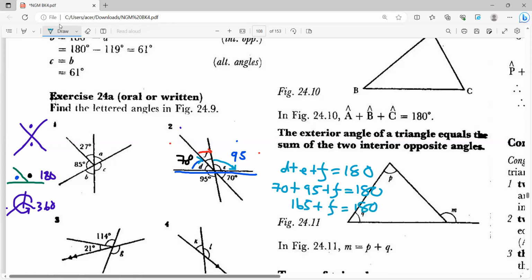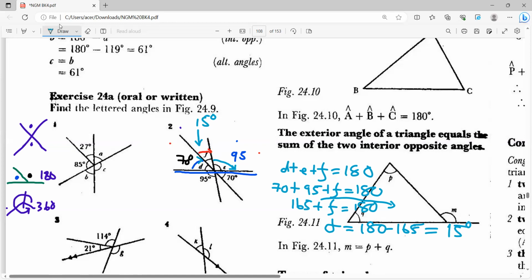So what is the value of F? We just transpose this guy. So we get F equals 180 minus 165. And our F is going to be what? 15 degrees. So F is 15 degrees.